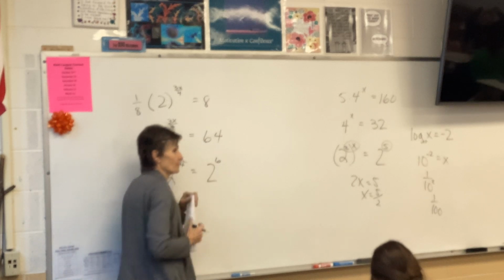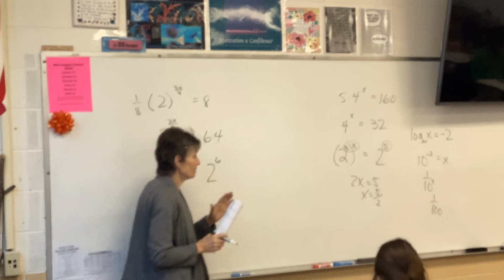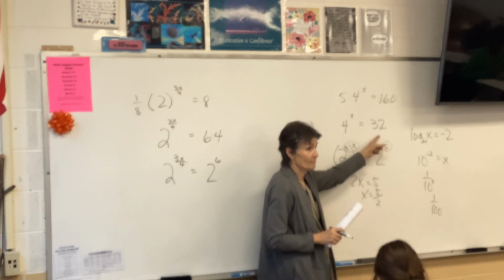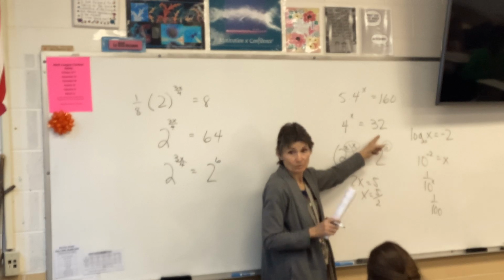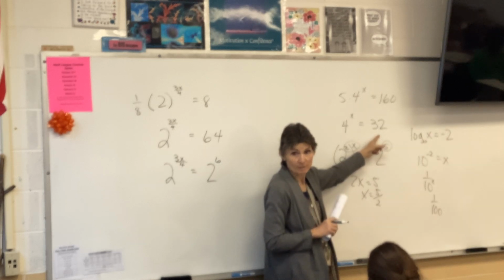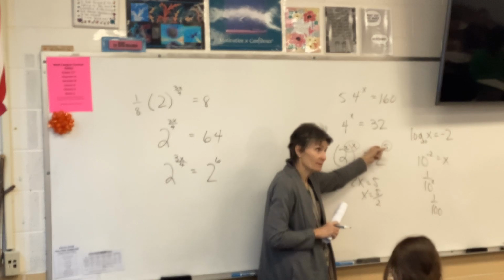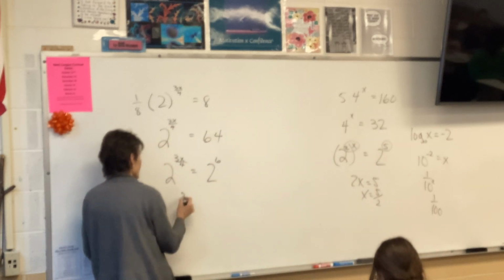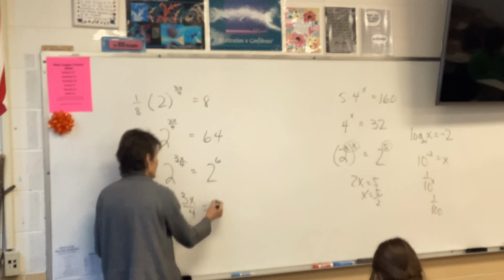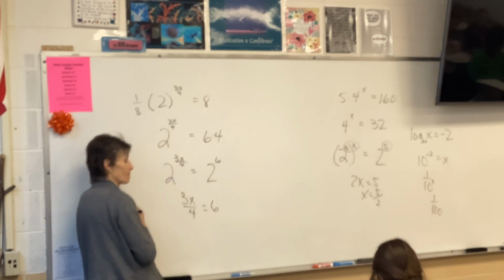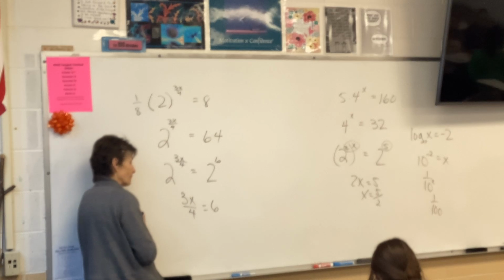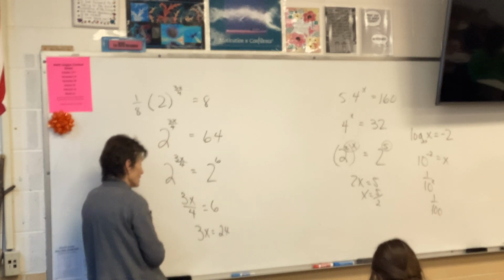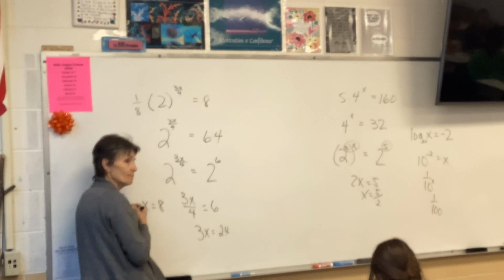Now, thinking, we figured out that it took 5 to get to 32. So is it 32 times another 2, 64? So if it took 5 to get to 32, it's gonna take 6 to get to 64. Okay, so then 3x over 4 equals 6 times 4, so 3x equals 24. So x equals 8.